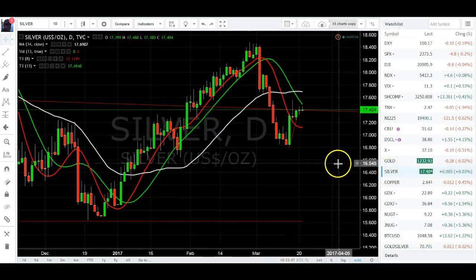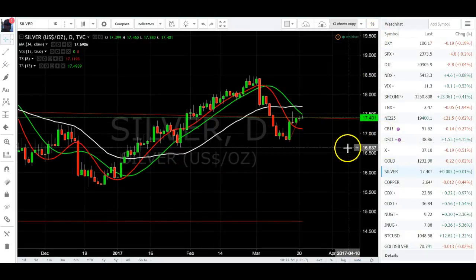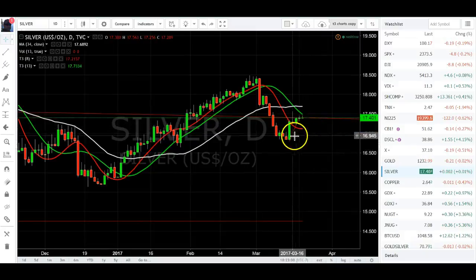Silver, on the other hand, the daily is below, going sideways for a couple days, coming into resistance. Might have to gather its legs to come back in to support.